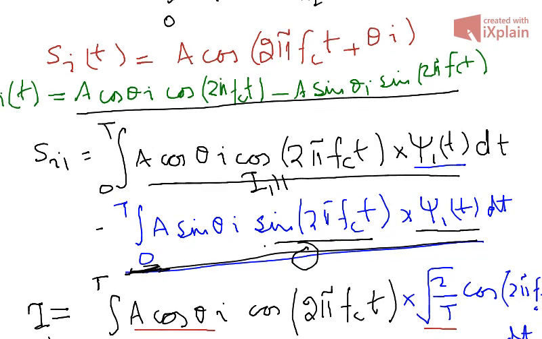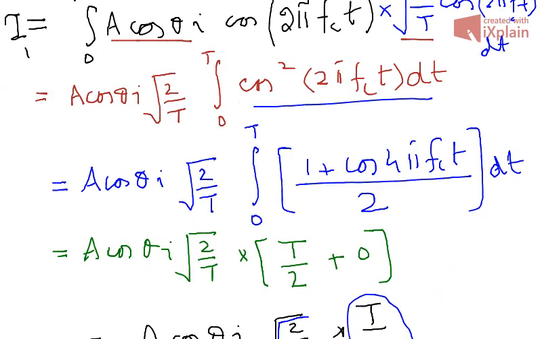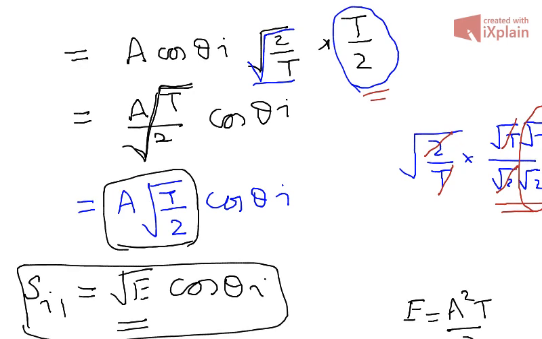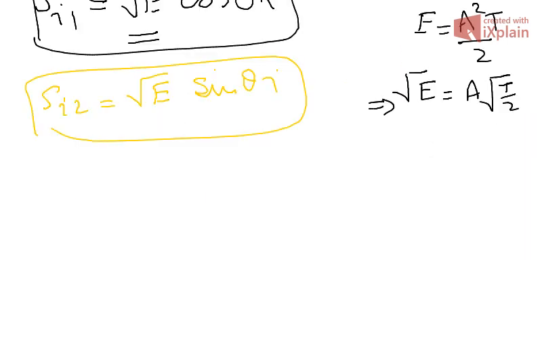That is why I did not solve this one. But when you try to find S sub I2, then in the second integral you would get this value. The first integral would be 0, and the second integral would give you this value. So I leave it to you. Just try this one by yourself.